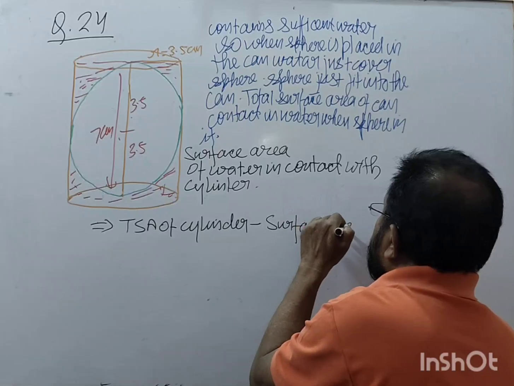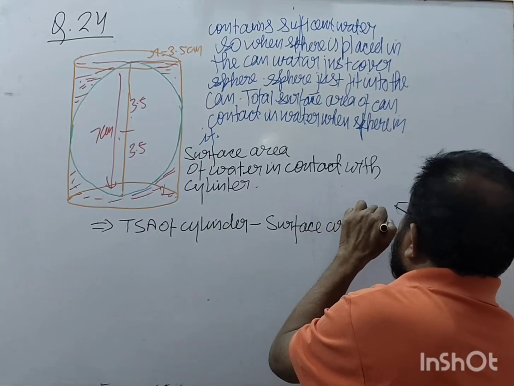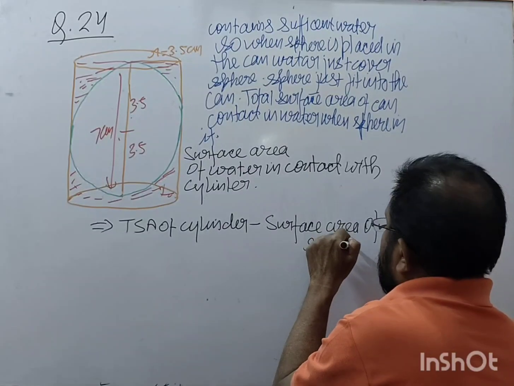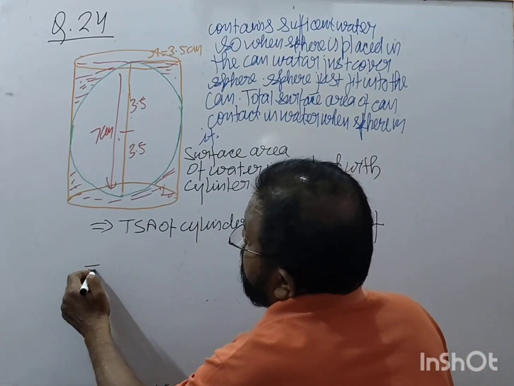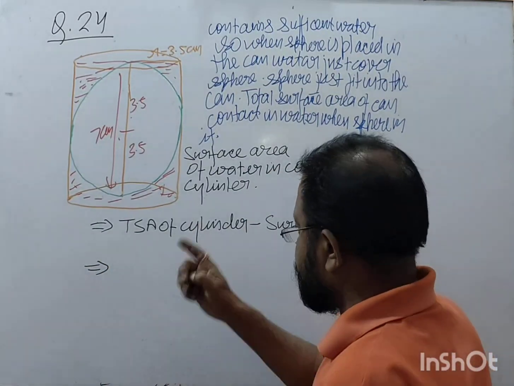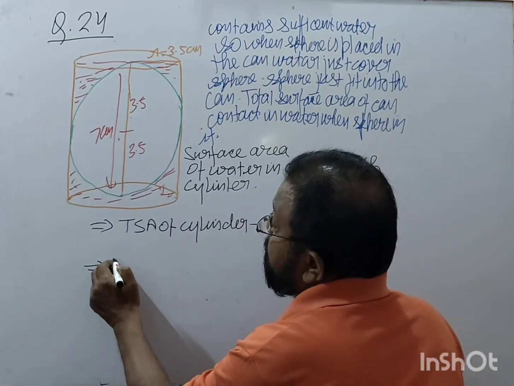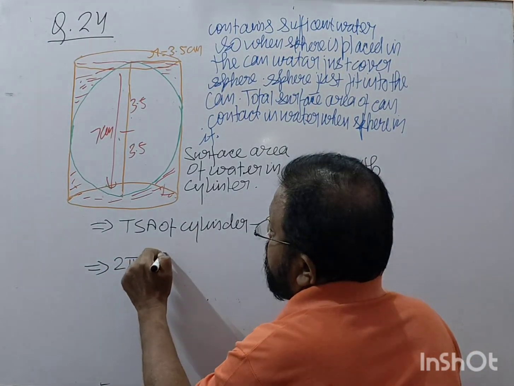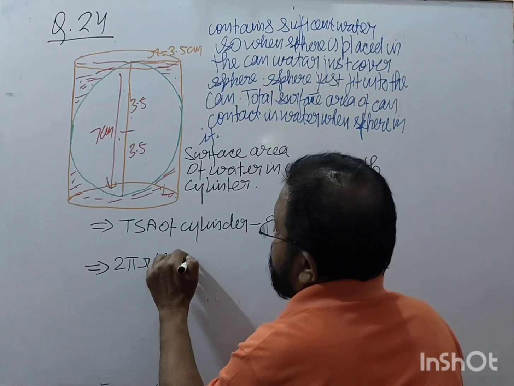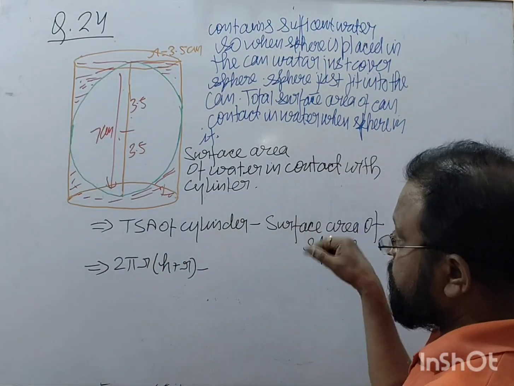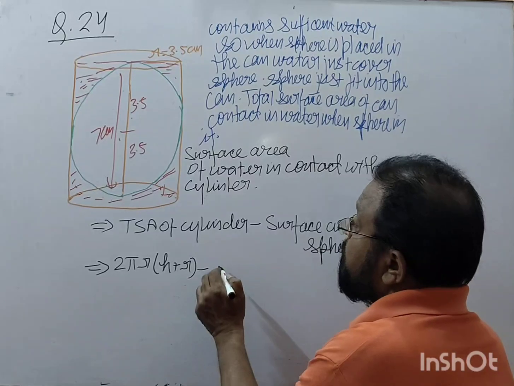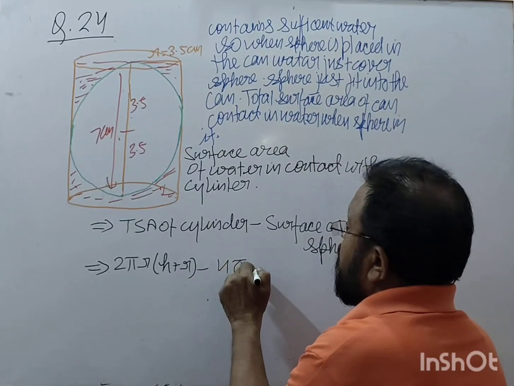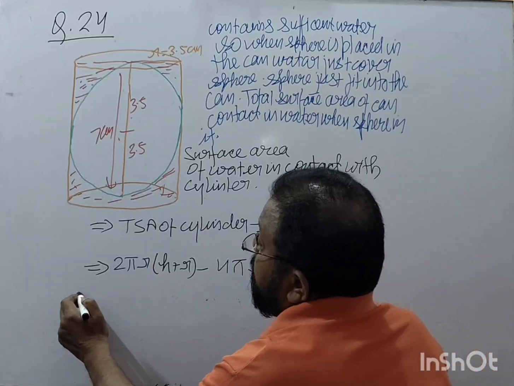Surface area of sphere, right? Total surface area of cylinder is 2 pi r bracket h plus r, minus total surface area of sphere is 4 pi r square, right?